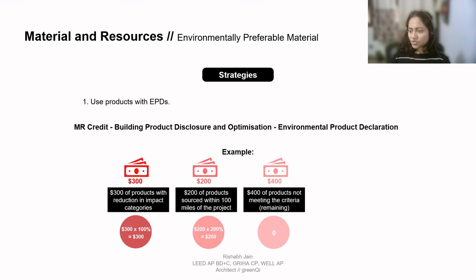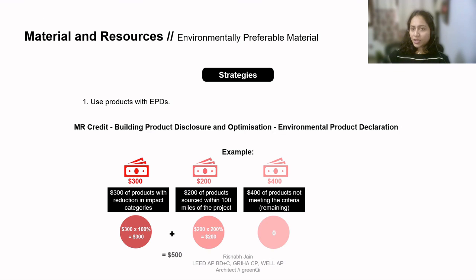So in this case, you will just calculate the valuation of the products which meet the criteria, that is having reduction in impact categories, and the products being within 100 miles of the project site. So based on that, I get a number of $500.